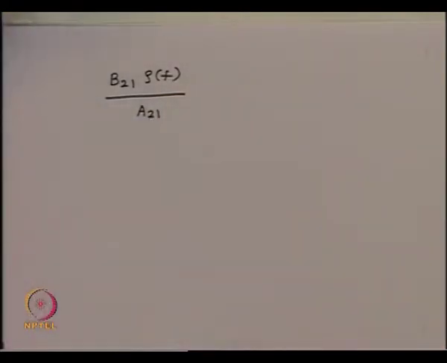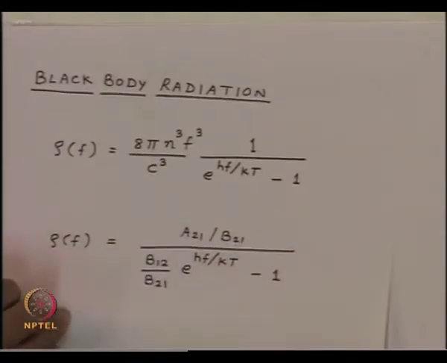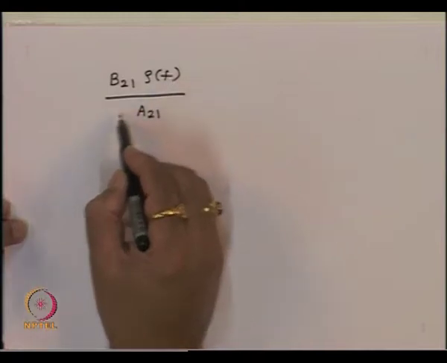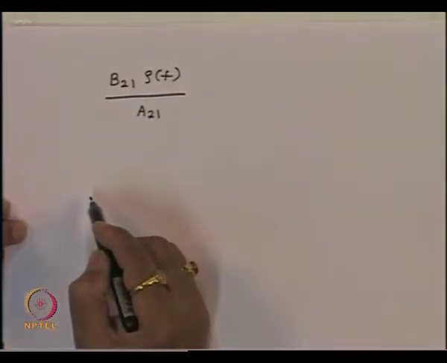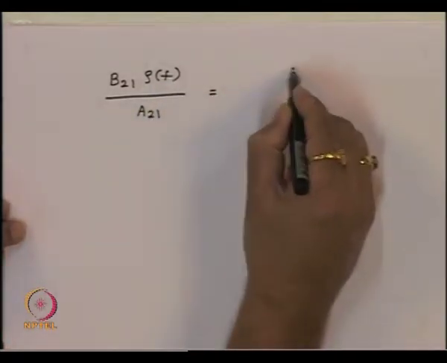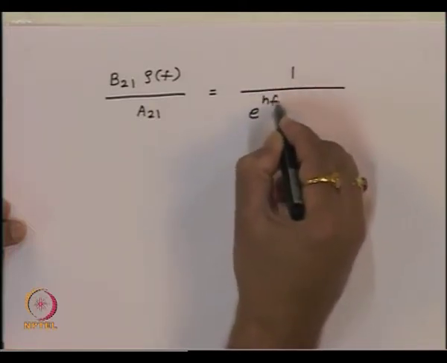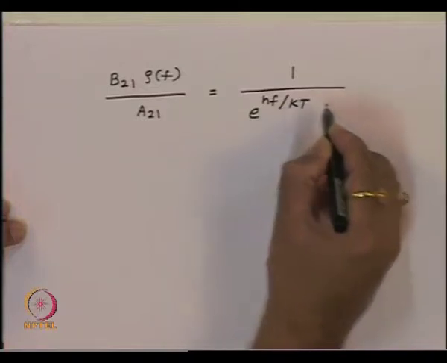So from the expression which we have got here, if you simplify, you will get B21 rho divided by A21. That will be nothing but 1 upon e to the power hf upon kT minus 1.